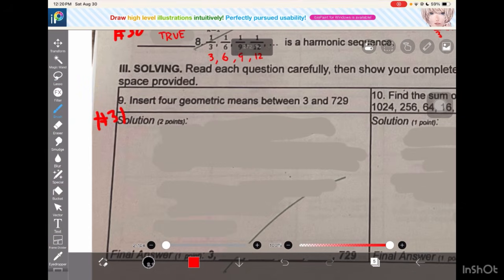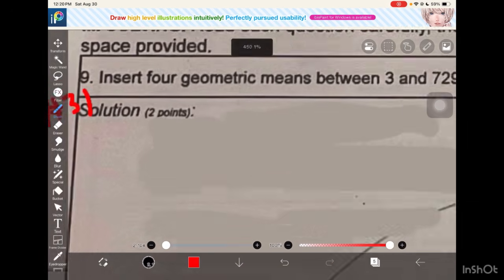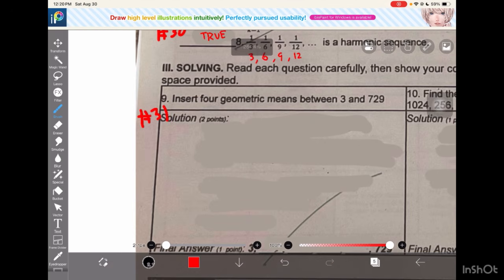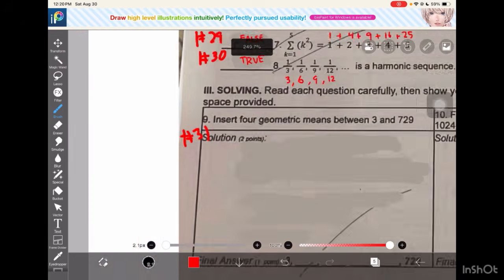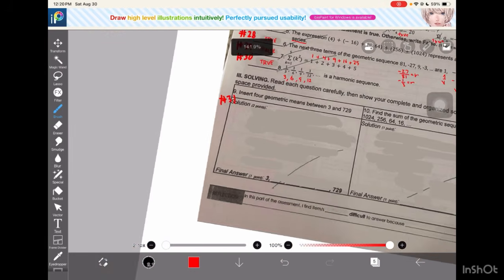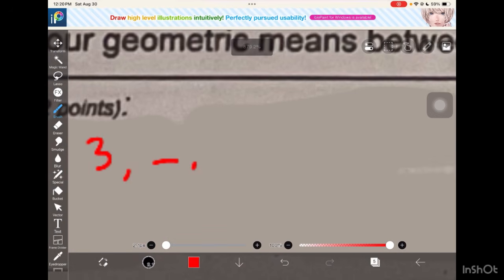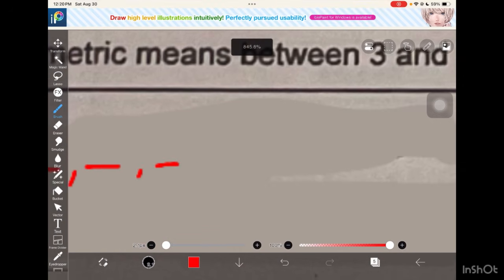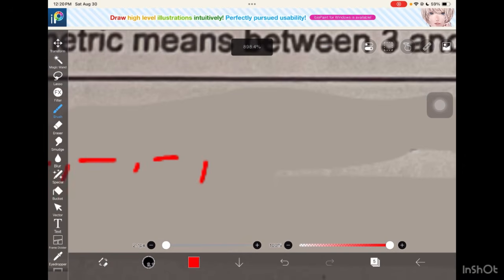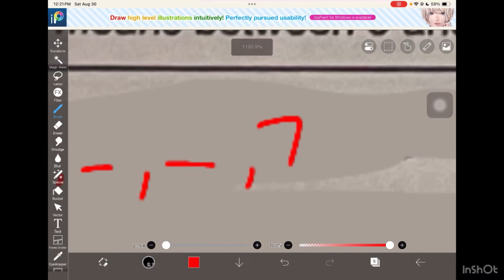Next one, insert 4 geometric means between 3 and 729. This is actually very similar to arithmetic means. So we've got 3, blank, blank, blank, blank, and 729.